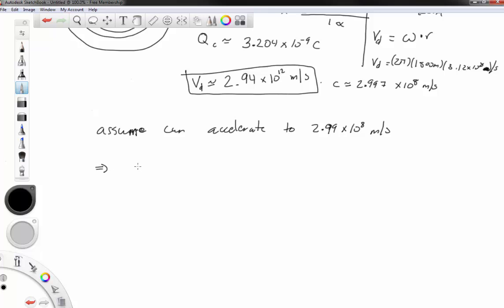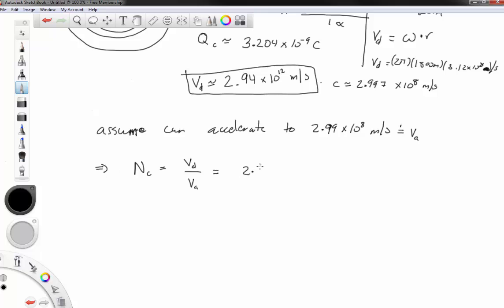Then the number of clusters basically would represent this speed. We'll use this as V actual. You'd use V drift for 1, that would be this guy, divided by V actual, and that tells you how many clusters you need to have.